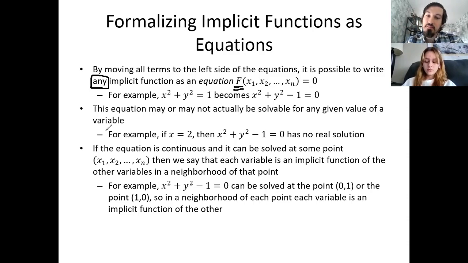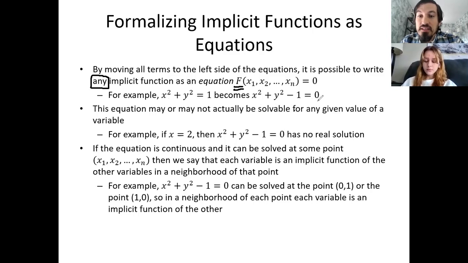This could be very simple. I'm not sure for many of you, but think of this equation I just said: x squared plus y squared minus 1 equals 0. That's an implicit function of x and y. What if I said, okay, if x equals 2, what does this imply about y? And the answer is there is no real solution.